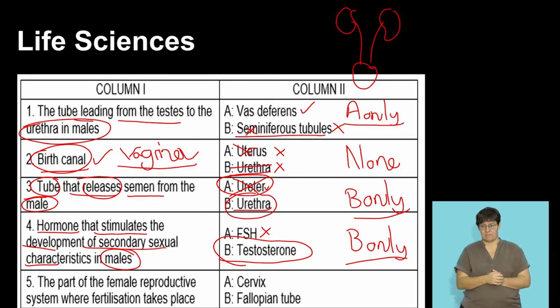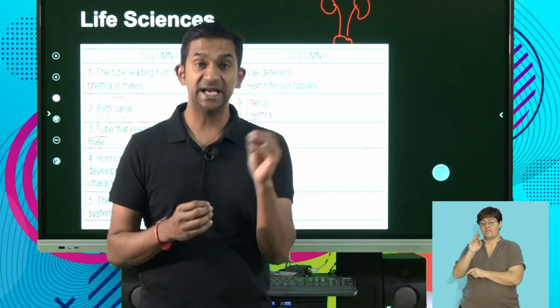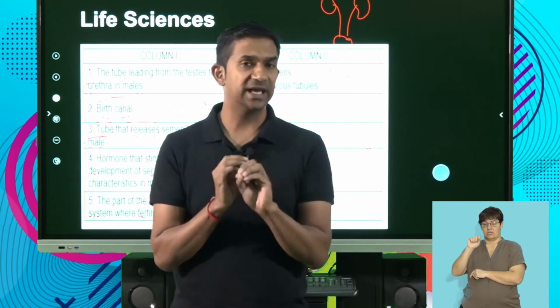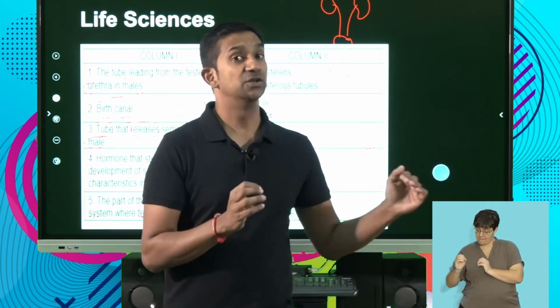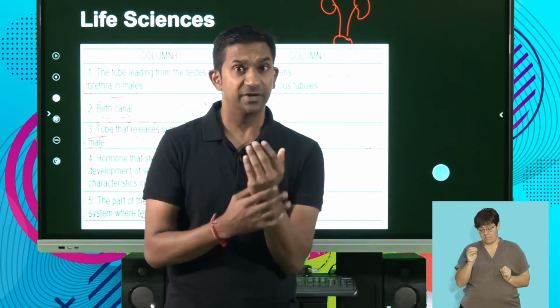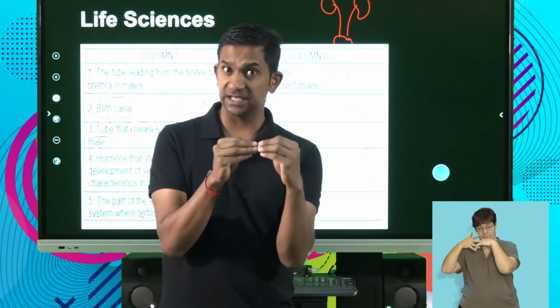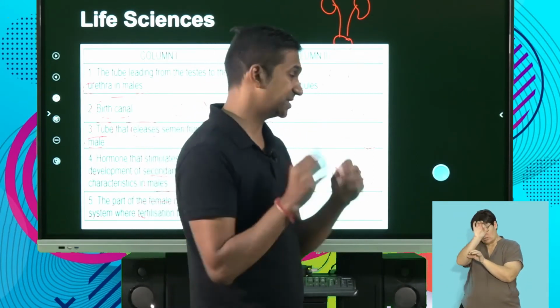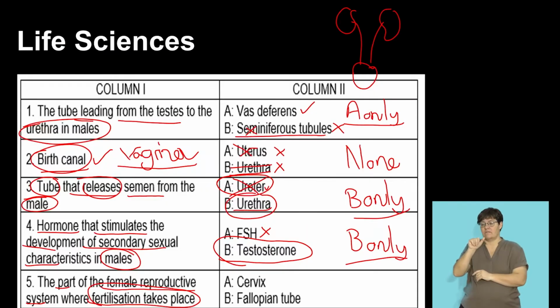Let's look at the 5th part. The part of the female reproductive system where fertilization takes place. So guys, the process of fertilization happens in the fallopian tube. After ovulation, when the egg enters into the fallopian tube, a sperm that may have entered the body will fertilize that egg in the fallopian tube. So it's the fallopian tube in which this process occurs.